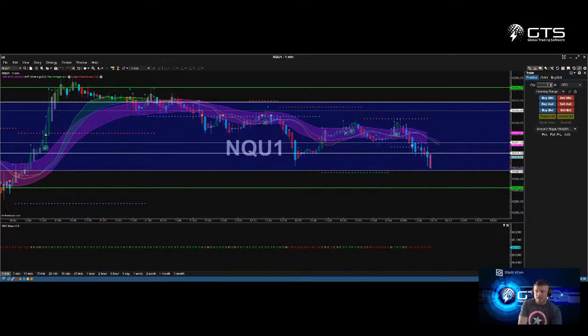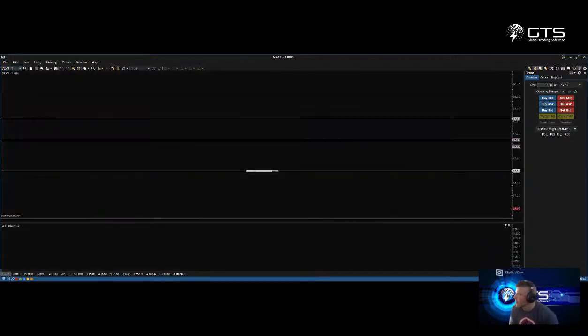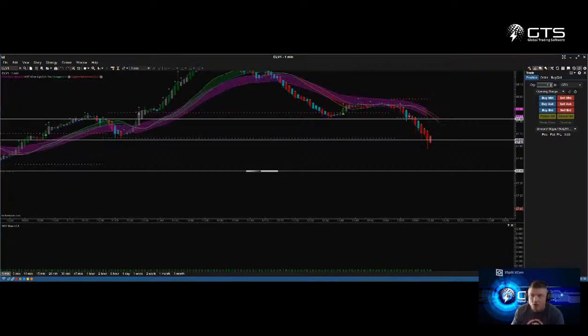Let's see here. CLV1. I'm sorry, wrong screen. I apologize. CLV1. Enter. Boom. Look at it. All right. So interesting. Okay. During lunch, there was a 6-star that broke out over the 92.